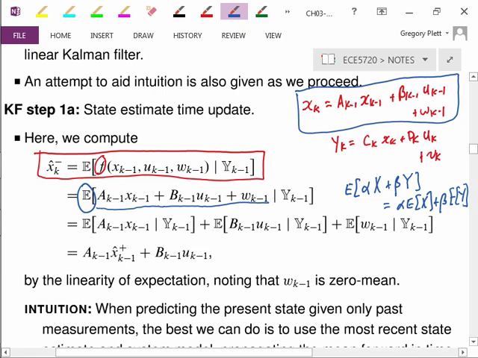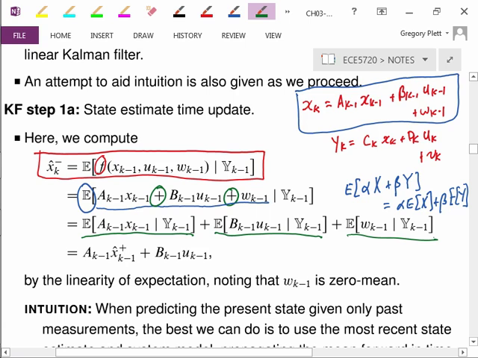So notice that what I'm trying to evaluate is the expected value of something plus something plus something, and we break that up into expected value of something 1 plus expected value of something 2 plus expected value of something 3. That's because of linearity of the expectation operator.